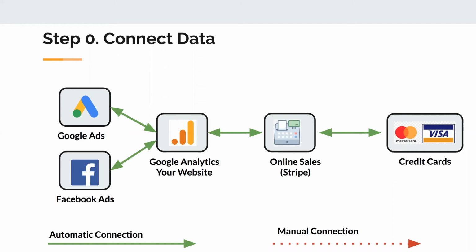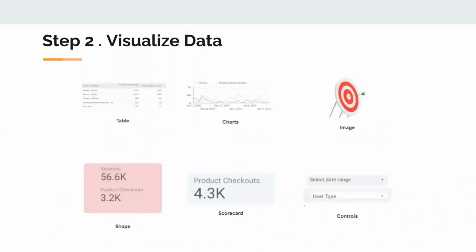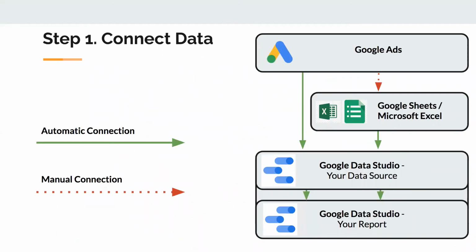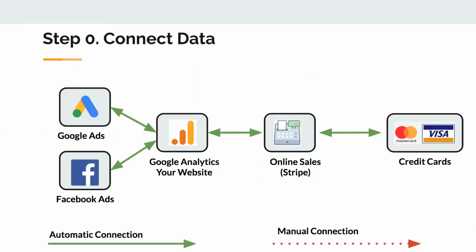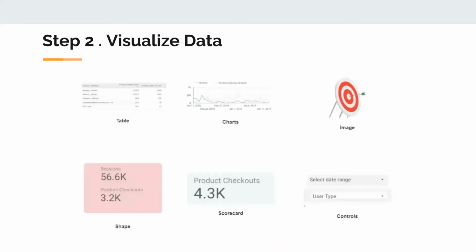Hey, if your Google Ads isn't connected to your Google Analytics and all this stuff, your end reports are not going to be as good. But anyways, step 1, connect Google Ads to Data Studio. Hopefully Google Ads is set up right behind the scenes.